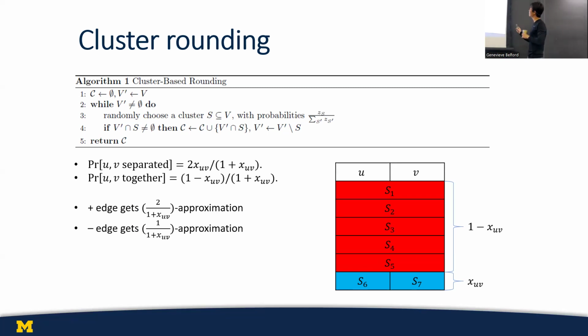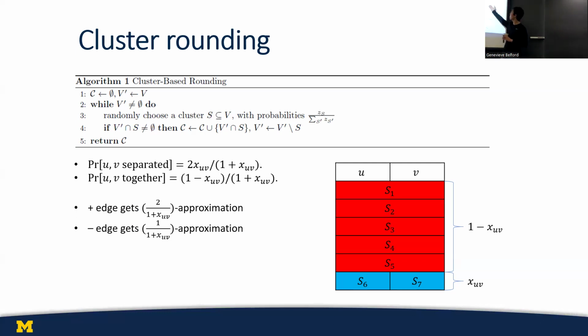Once you see this picture, the analysis is just as follows. In this rounding, we sample many sets, and after sampling, we remove them from the current graph and proceed. But for the purpose of U and V, we only need to worry about those 7 sets, because all the other sets don't even touch U or V, so whatever they do, I don't care. The U and V state is decided when one of these 7 sets is sampled.